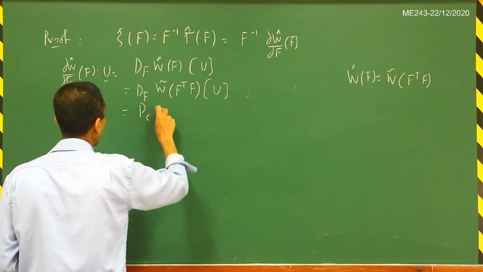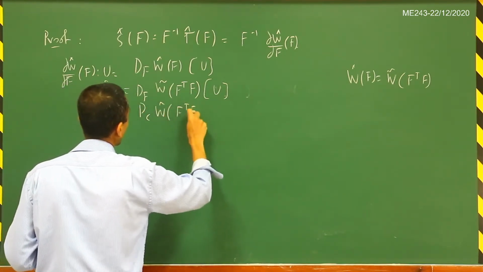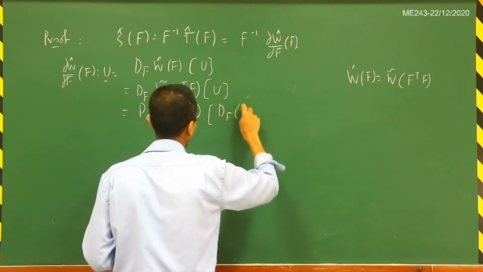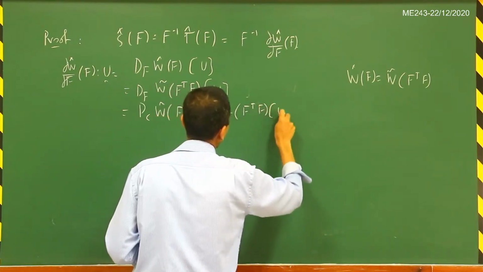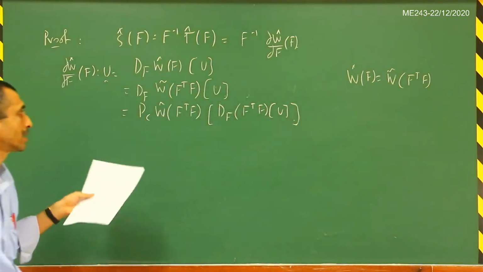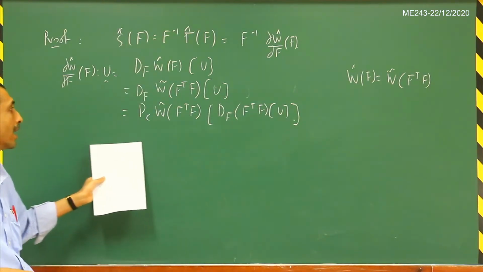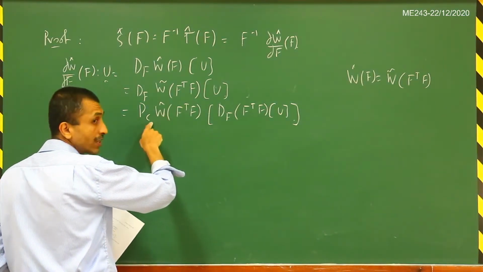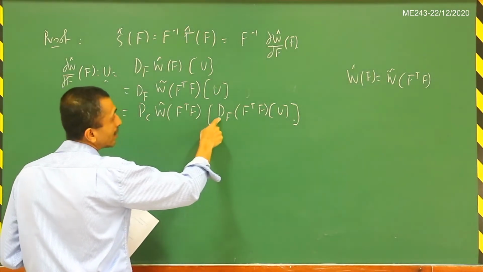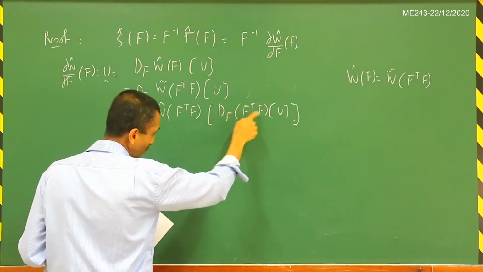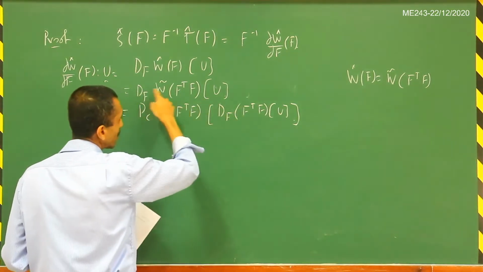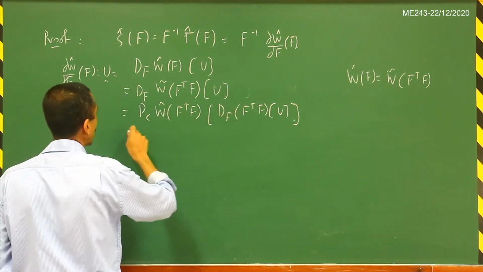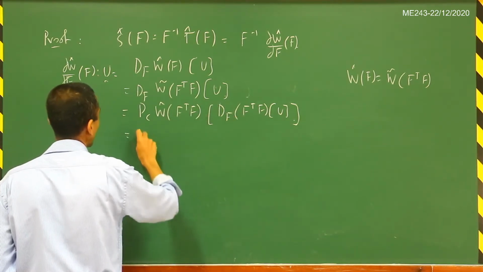So first let us just write it in this way, and then now we can write this as D_C of W tilde of F transpose F times D_F of F transpose F in the direction U. This is just an application of the chain rule. Basically it is the directional derivative of W tilde with respect to C in the direction of the directional derivative of F transpose F, which is C itself, with respect to F. So this directional derivative can be expressed in this particular way, and then you can simplify this expression.